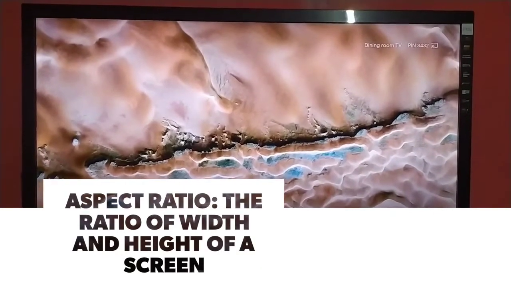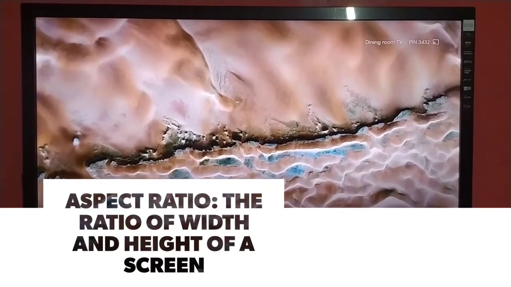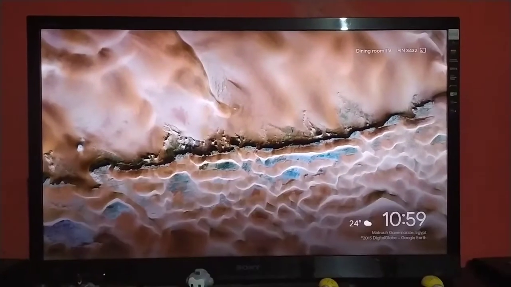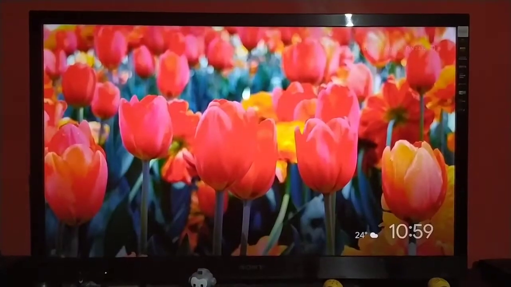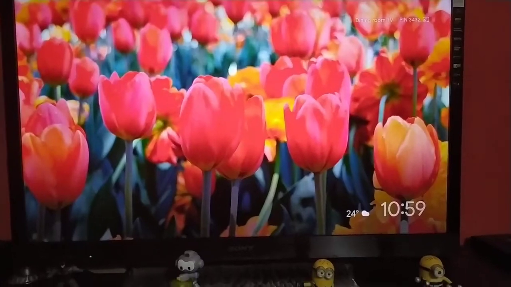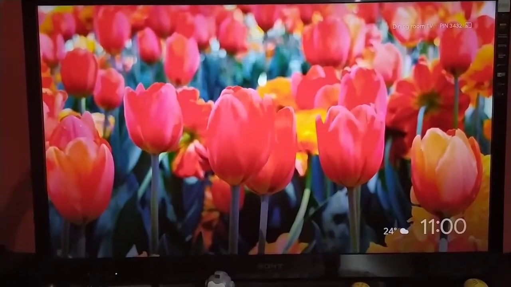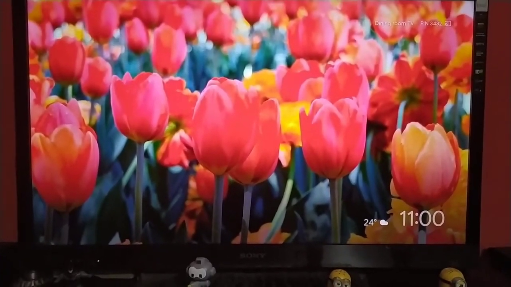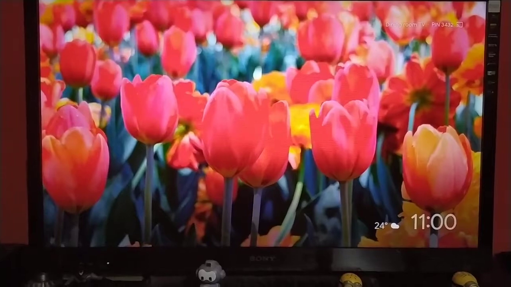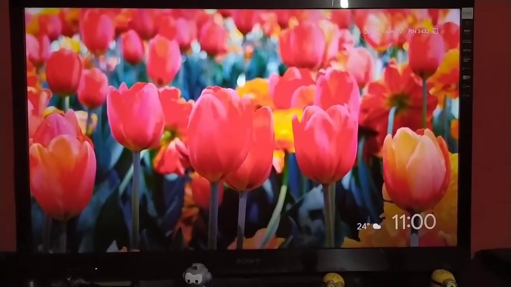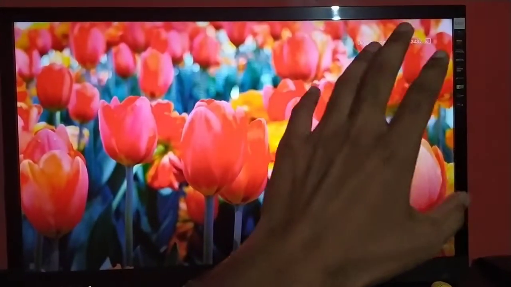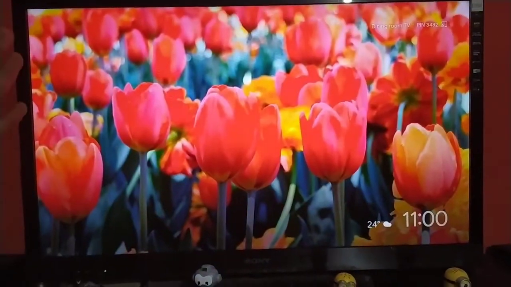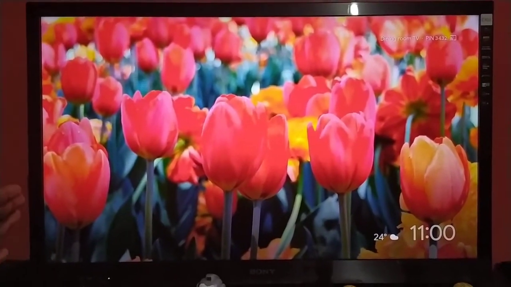Guys, let's try to understand the first concept today, which is called aspect ratio. Aspect ratio is nothing but the ratio of the width of the screen to the height of the screen. For now you can just keep in mind that aspect ratio is the ratio of the width of the television or the screen to the height of the screen.